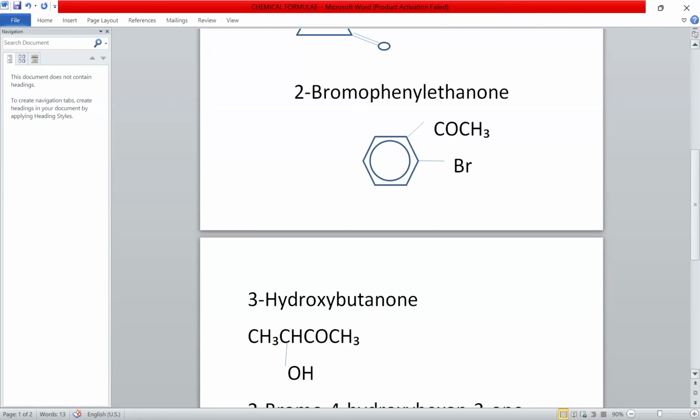And I think this compound, which we have written right here, first wait, because if this is Br on 2 benzene, that's 2-bromo.